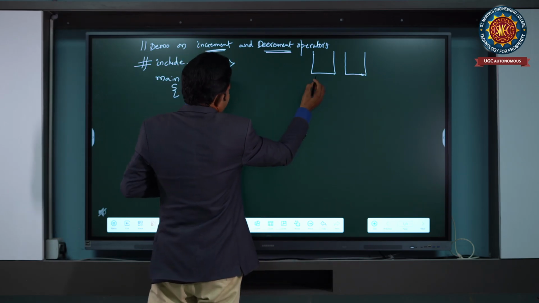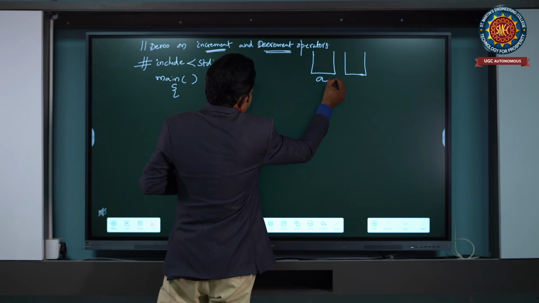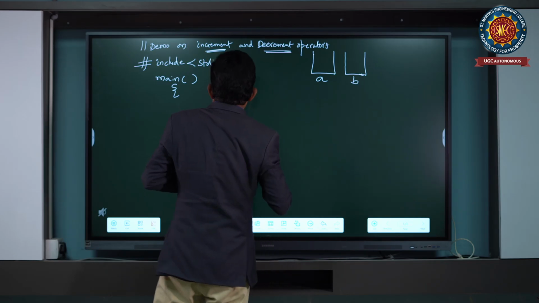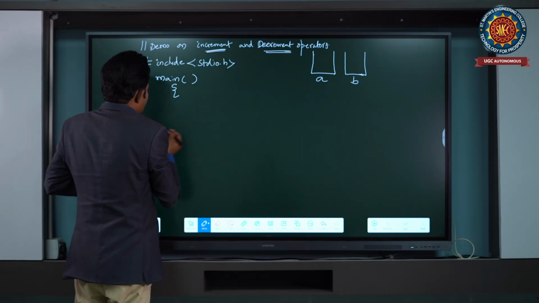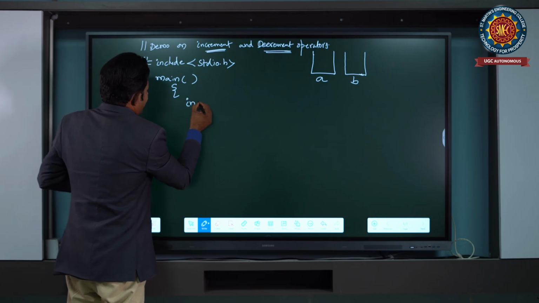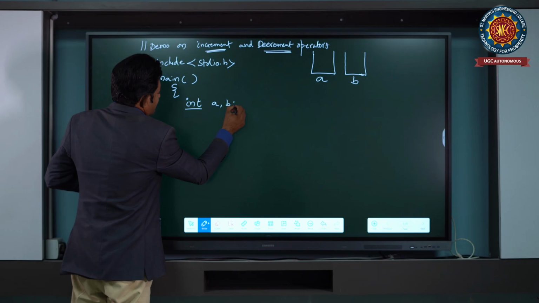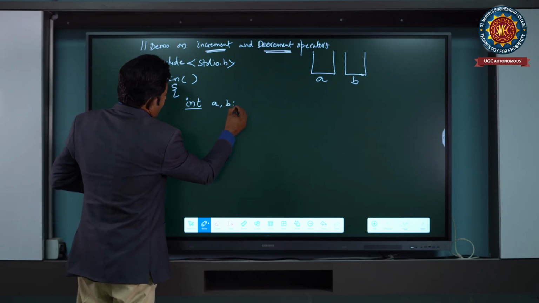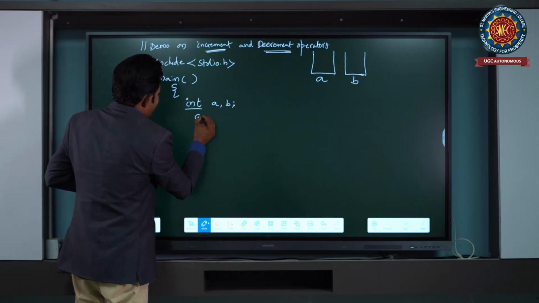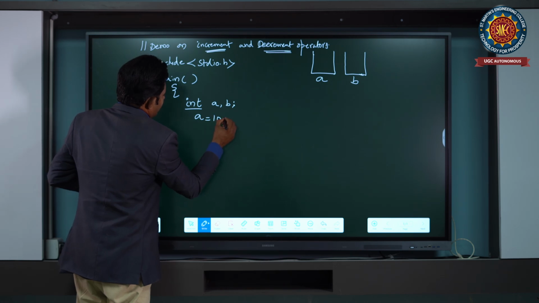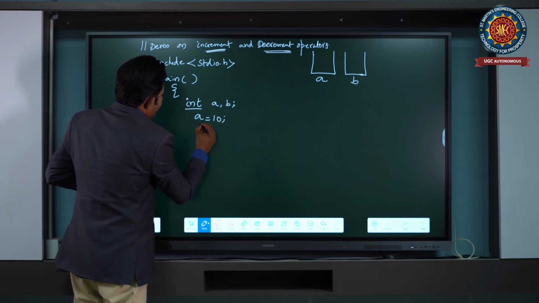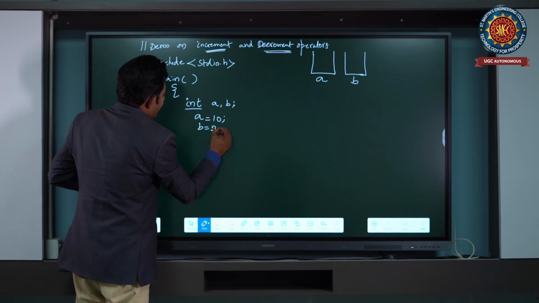So here I am using two variables, A and B, both of type integer. For integers, the keyword is int a, b. Now I am assigning the values: a is equal to 10 and b is equal to 20.